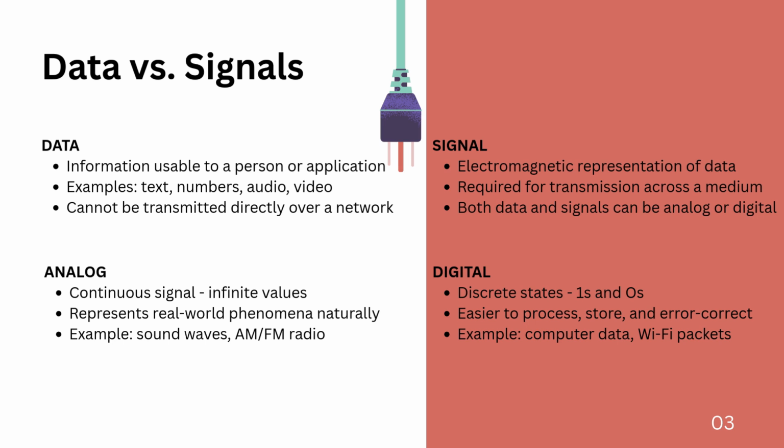A signal is an electromagnetic representation of data. Both data and signals can be analog, which is continuous values, and digital, which has discrete values like zeros and ones. Wireless communication uses signals to carry data from one device to another.